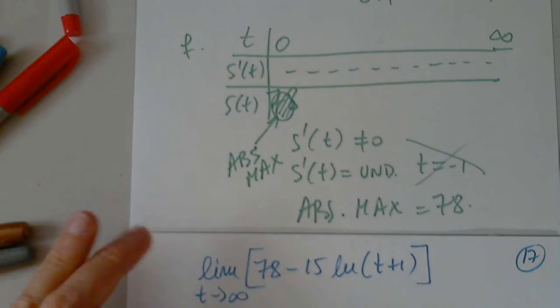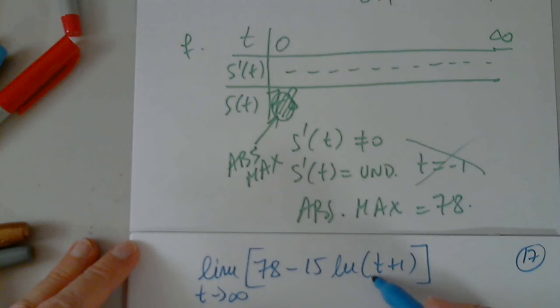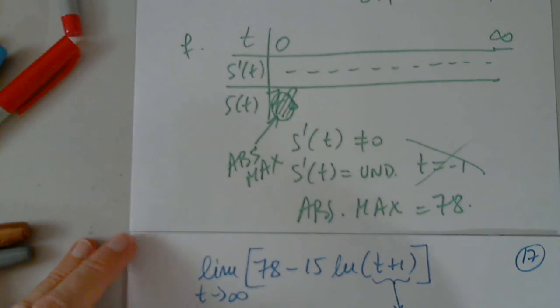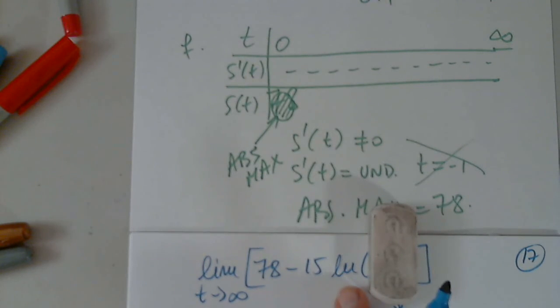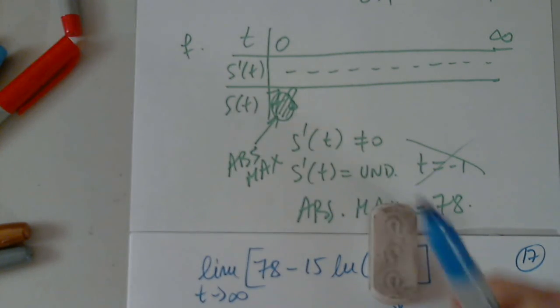Okay. So when t approaches infinity, this expression will approach infinity. And now the question is natural log of infinity. Well, we know the graph of natural log. We cannot forget that. This is the graph of natural log. When x approaches infinity, natural log will approach infinity.